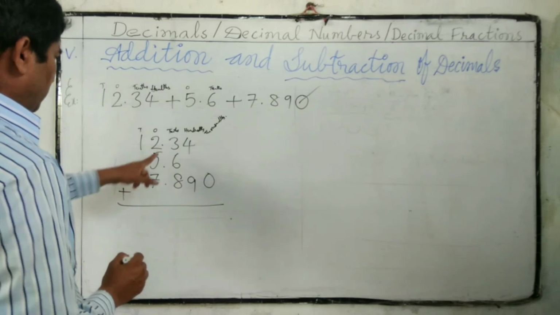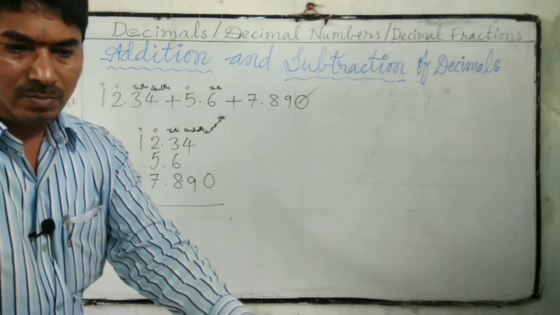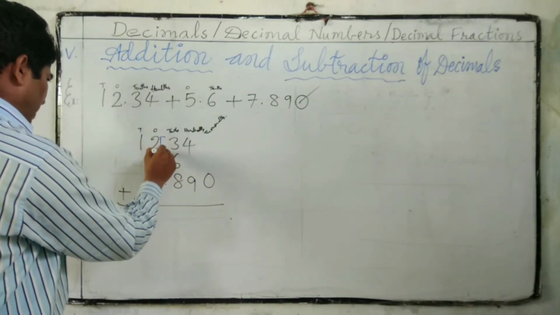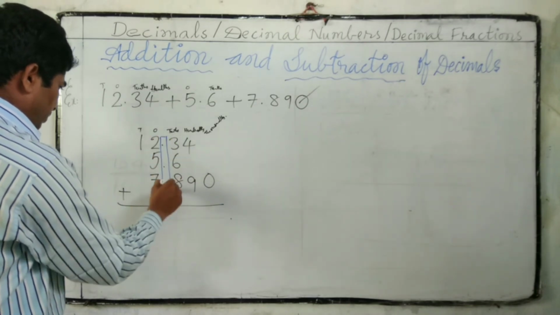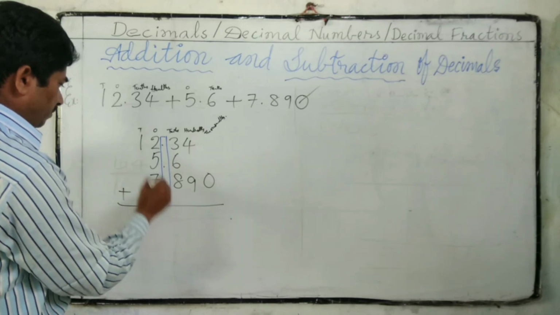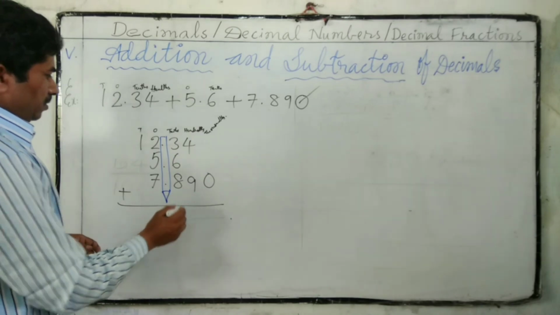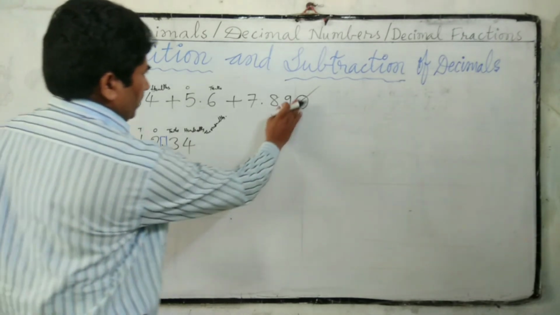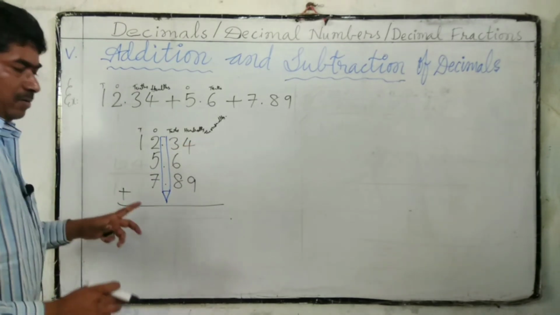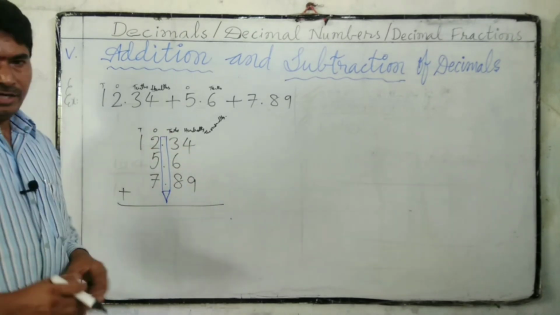We must check this decimal point. Is it coming one below the other? We have to check this decimal point. No need of writing this. While adding decimals, no need of making like decimals.